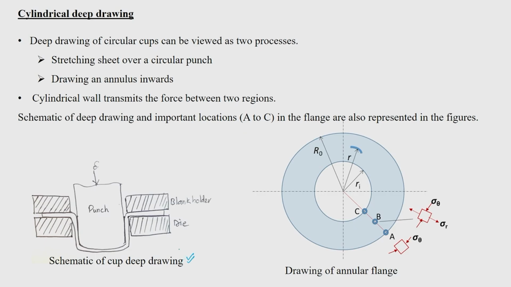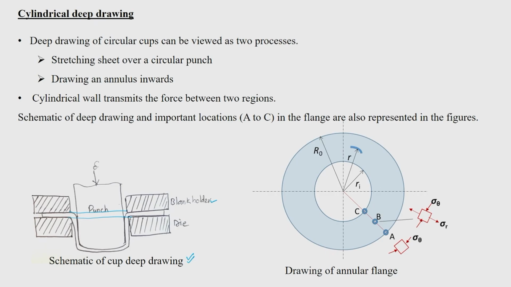Initially we have a flat sheet, and on top of that you rest a punch, and before the punch starts moving down, we have to clamp the sheet on the die. That will be done with the help of a blank holder. We have to give appropriate blank holding force, and we already discussed how to get the blank holding force in the stamping analysis.